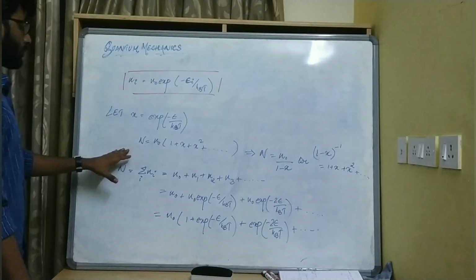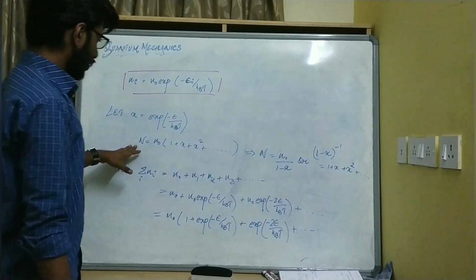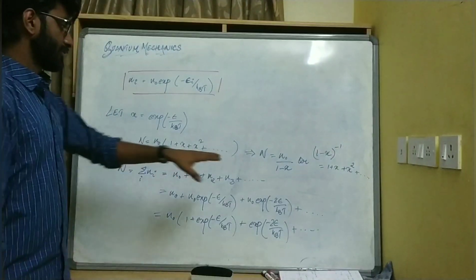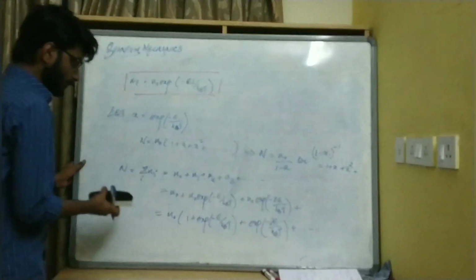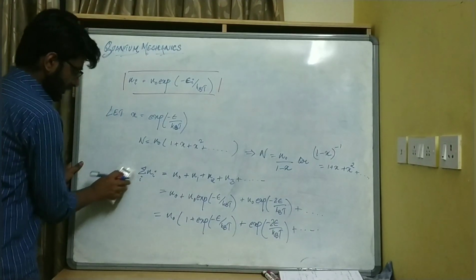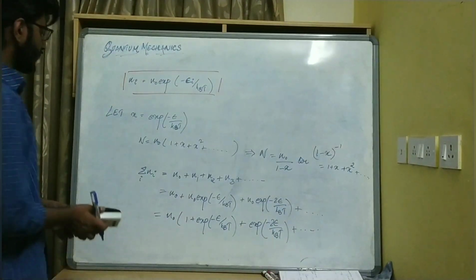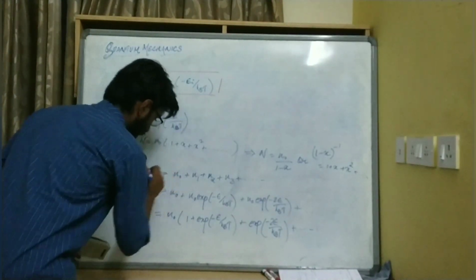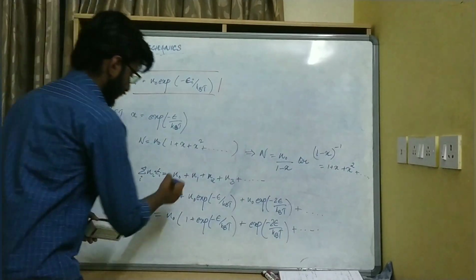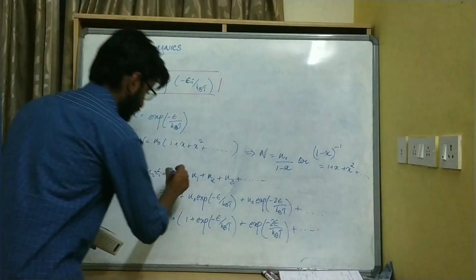So you get the total number of oscillators as this. The expression for the total number of oscillators is obtained, and now for the total energy of the oscillators, this is the sum of n_i epsilon_i. Epsilon 0 is 0 actually.